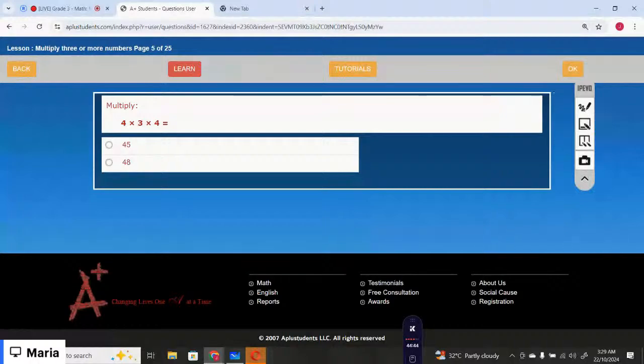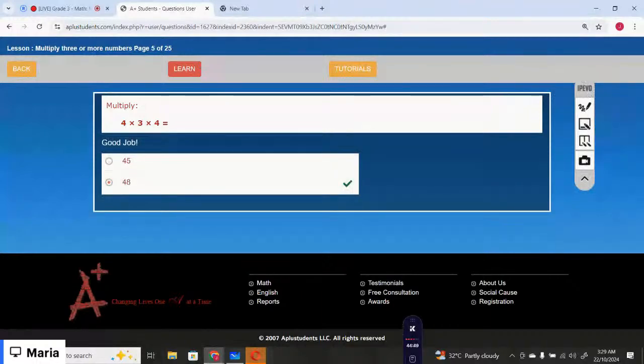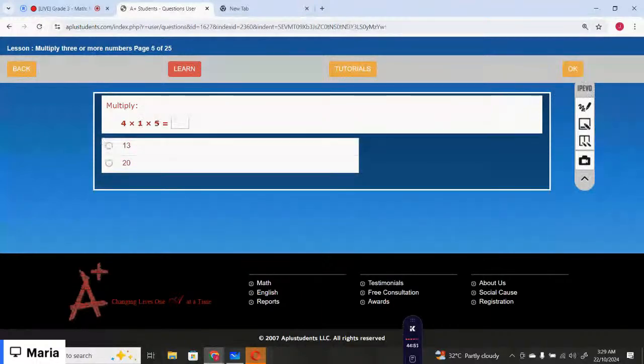Very good. So the correct option is 48. The next one is 4 times 1 times 5.